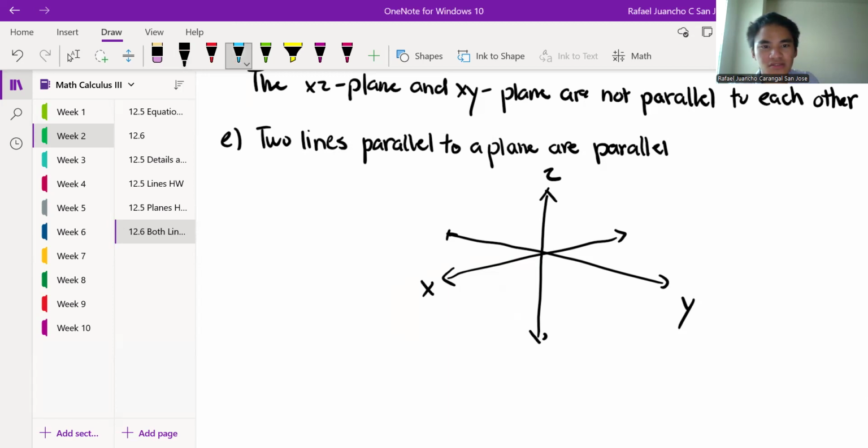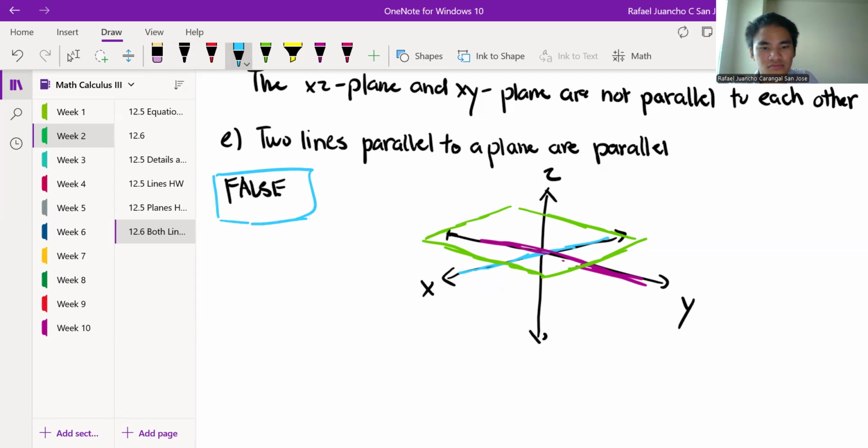So let's say this is the x-axis, which is a line. This is a y-axis, which is also a line. And we can say that they're parallel to this plane above them, right? But are the two lines parallel here? No, but they're intersecting. So this is false. Yeah, I think that's probably the simplest one.